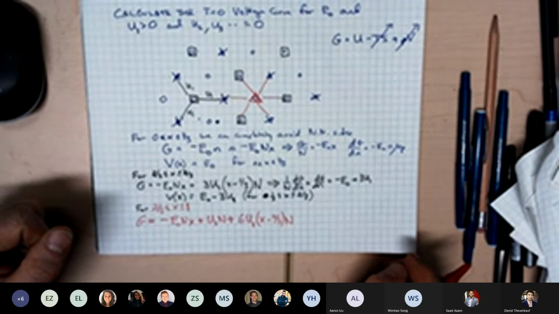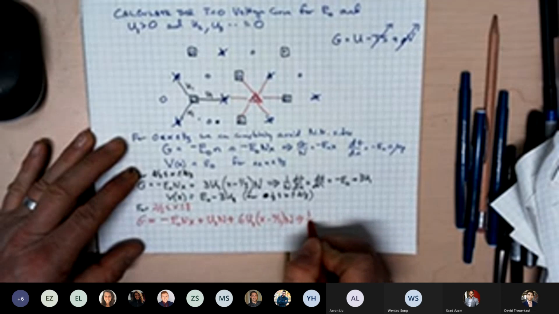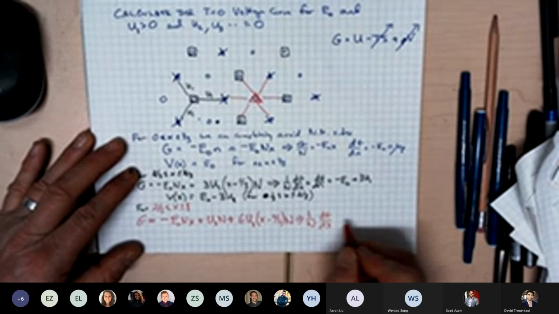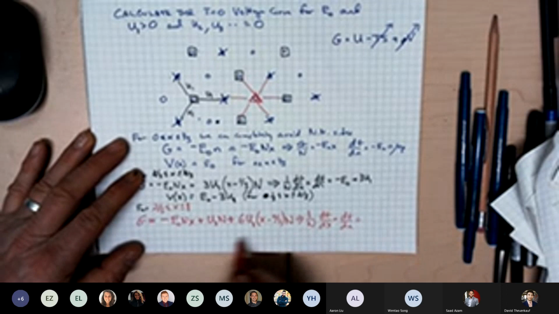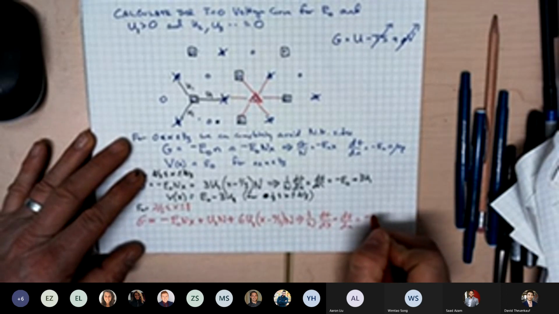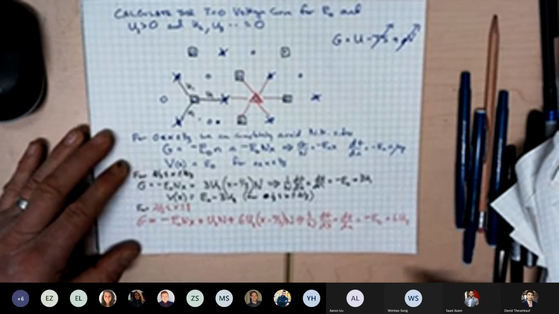And if you then take 1 over n dG by dx, which is dG by d little n, which is the chemical potential, you get minus E naught plus 6U1.